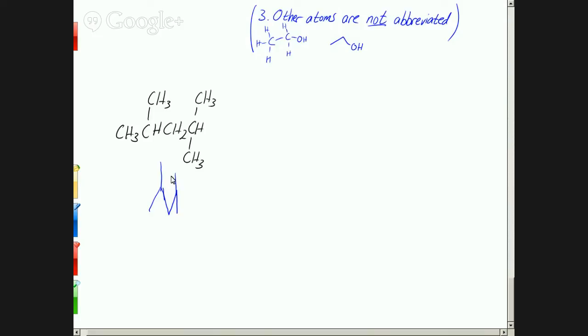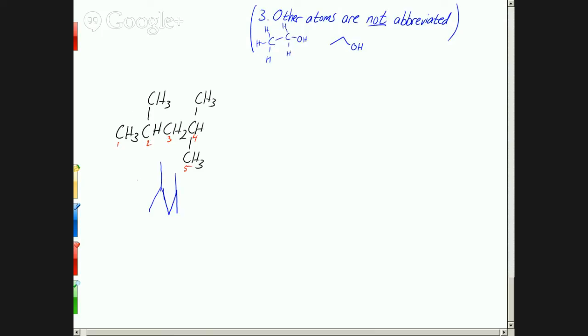This is right. It's always good practice, as we'll see when we start talking about naming too, to think about the longest connected chain of carbons and put them in a row that way. So we've got 1, 2, 3, 4, 5. I could have gone 5 up here too, or started 1 up here. Doesn't matter.